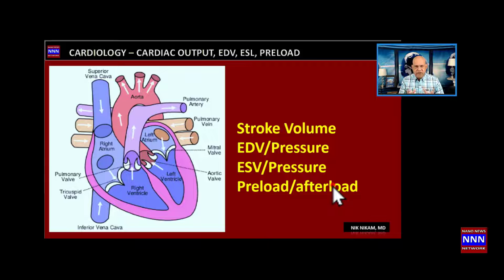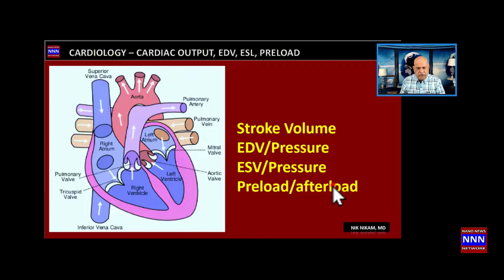Let's look at a normal heart. As I said, we may have like 100 ml at the end of diastole before the heart begins to contract. But in pathological situations such as congestive heart failure, the end diastolic volume may be 2 to 3 times that of normal. In a big flappy heart, the end diastolic volume could be like 250 ml based on echocardiographic measurements.